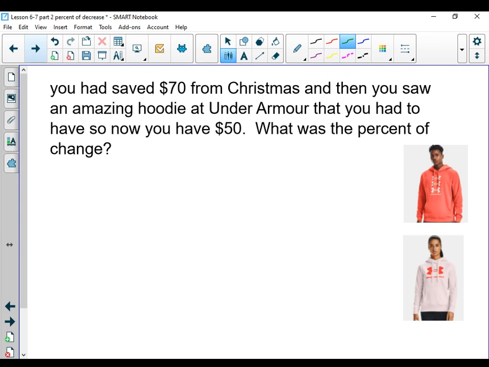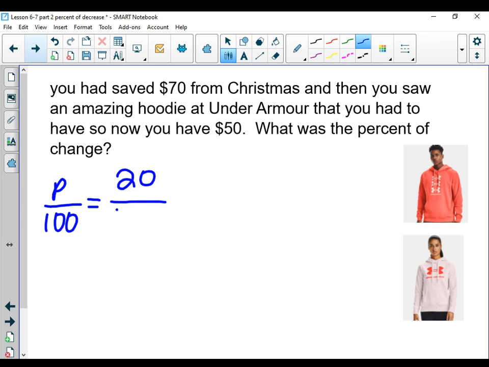Whew, last one. You had saved $70 from Christmas and you saw these amazing hoodies at Under Armour that you just had to have, so now you have $50. What was the percent of change? If you had 70 and now you have 50, what part did it change? 20.